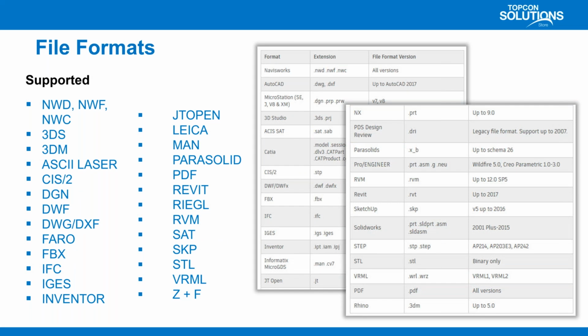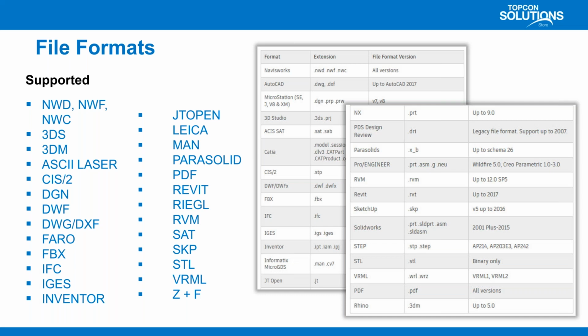We call Navisworks the great aggregator, because it can take in so many different types of files and give us a great look at coordinating this building to make sure that we are on track. We're seeing issues maybe before they become a big deal, so we can fix them and get around them.